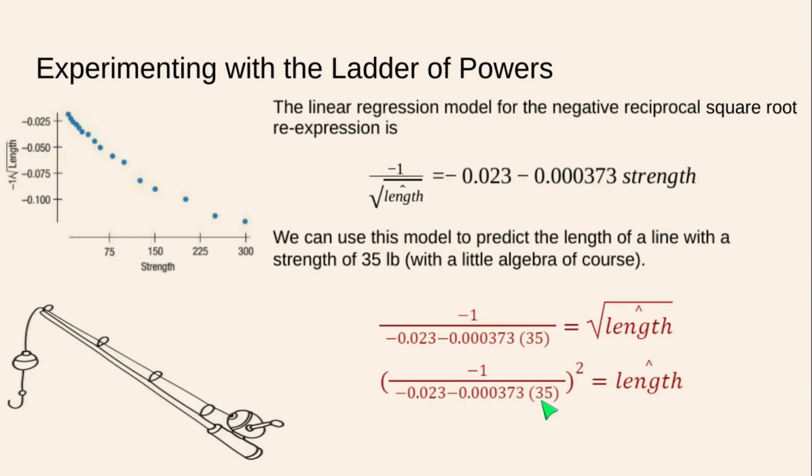So I can put this into my calculator. Please be sure to use parentheses in your denominator. Make sure that you group the whole denominator together, or else your answer will be very, very wrong. And we get an approximate length of 769 yards.